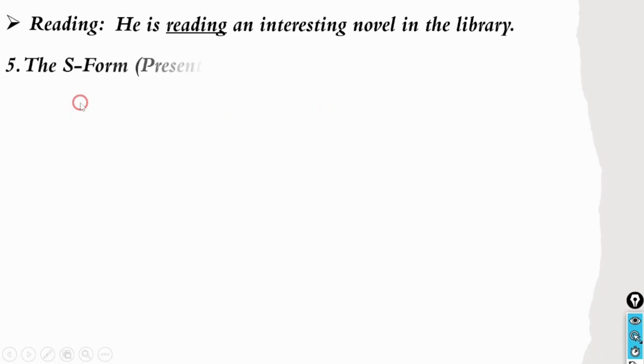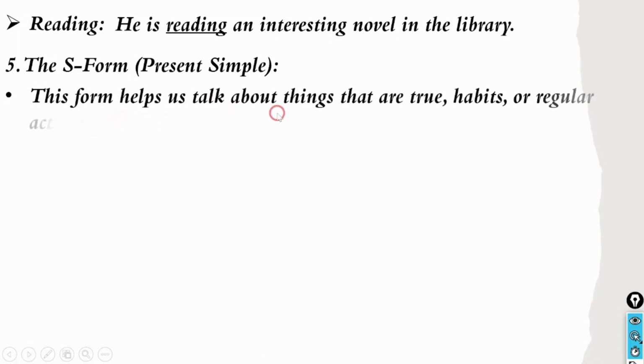So we go to number 5, the S form, which is the present simple. So this one we call the present simple. Here we are saying this form helps us talk about things that are true, habits, or regular actions. Whenever we have the S form of a verb, we use it when we talk about things that are true, habits, or regular actions.